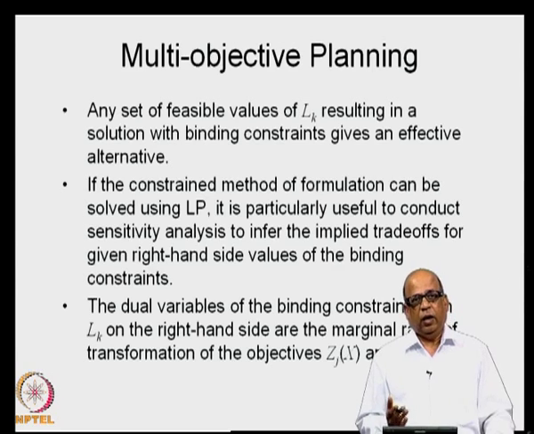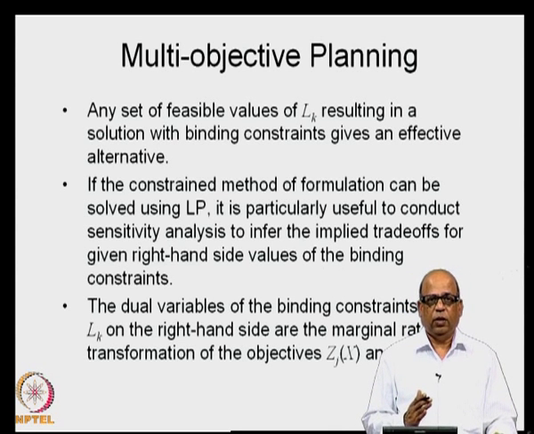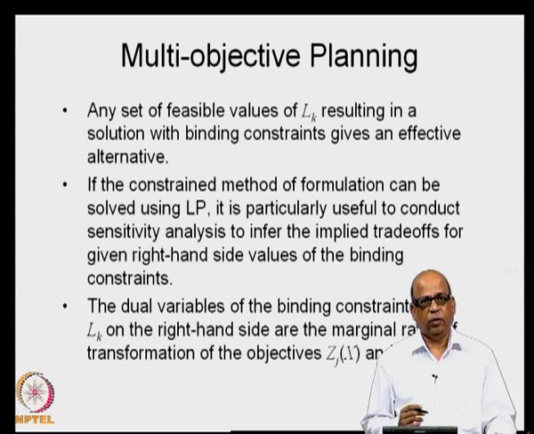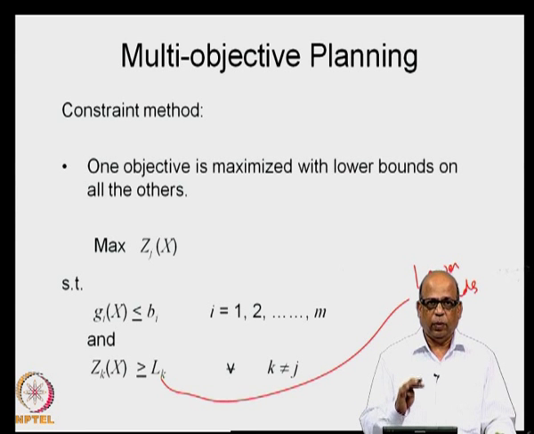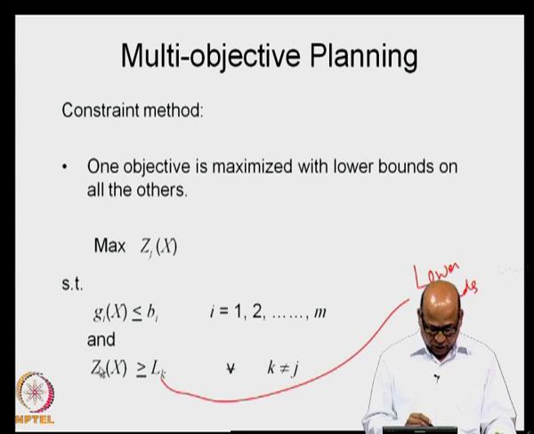Now, remember I introduced what are called the non-inferior solutions or the Pareto optimal solutions and so on. So, in the constraint method here, when you solve this problem, in the optimal solution, if these constraints are binding, you recall that a constraint is binding in the optimal solution if the left hand side of the constraint is equal to the right hand side in a greater than or equal to or in a less than or equal to constraint.